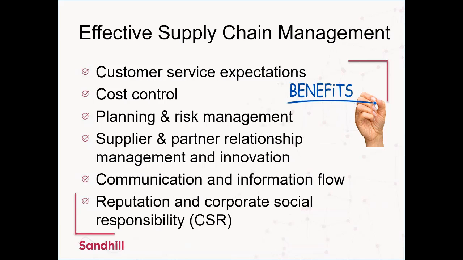It means we can look at the supply chain and manage our customer service expectations. If the customers are expecting, instead of 1 week delivery, a 5-day delivery, that's a change in expectation. How can we optimize the business and the supply chain to deliver that? How well can we manage the costs associated with the operation of the supply chain?